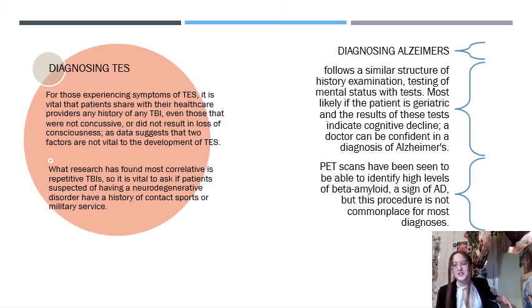If you have a geriatric patient, it's more likely to be Alzheimer's if they're experiencing memory loss, as Alzheimer's is a very common disorder for those over 65. But with TES, if your patient has said that they had a history of contact sports playing and military service, and they're coming to you in their younger years, in their 20s, 40s, 50s, then you're going to suspect that maybe there's something up.